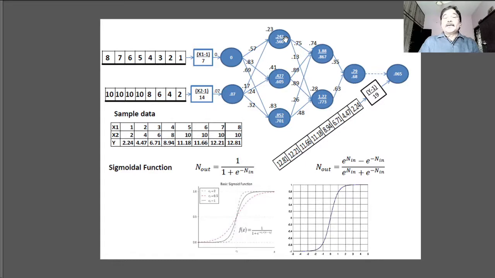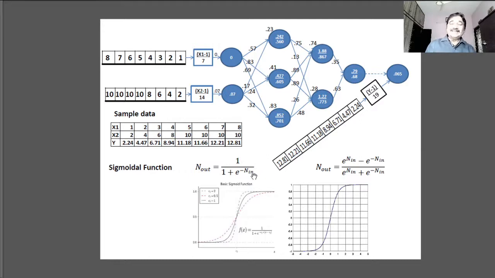All right. But we want the value at the neuron to lie between 0 to 1, and we cannot use this kind of trick to convert the value of the neuron to lie between 0 to 1, because for using this we need to know the maximum and minimum value. Here we do not know that. So what we do is use what is called a sigmoidal function. One such sigmoidal function is 1 upon 1 plus e to the power minus n_in.